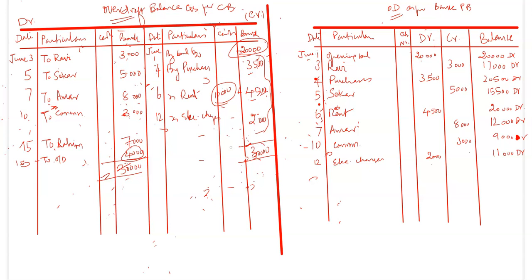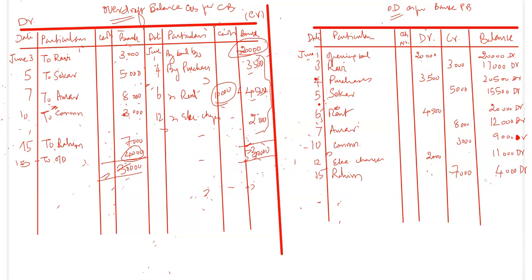And on 15th, you get a check from Rahim. So Rahim, you get the money deposited, assuming on the same day, 7,000. Your OD will decline to 4,000 debit.